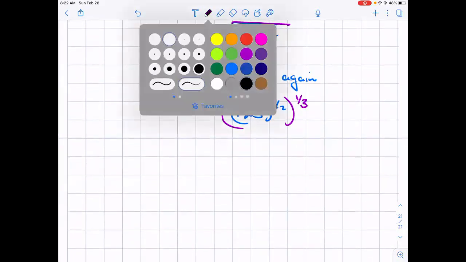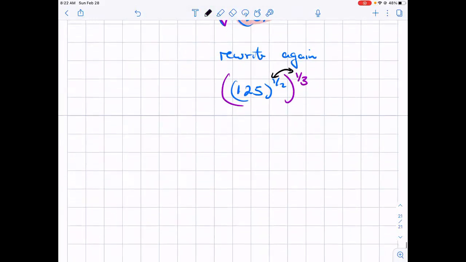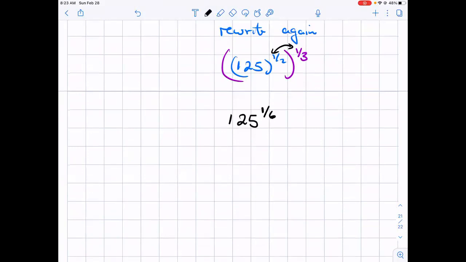And now clearly you see that we can simplify, because when we have power to the power, we multiply. So this becomes 125 to the 1/6 power, which is really the 6th root of 125. Now, you're probably questioning yourself, well, I don't know the 6th root of 125.